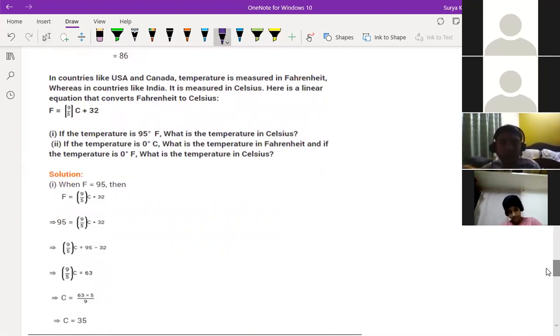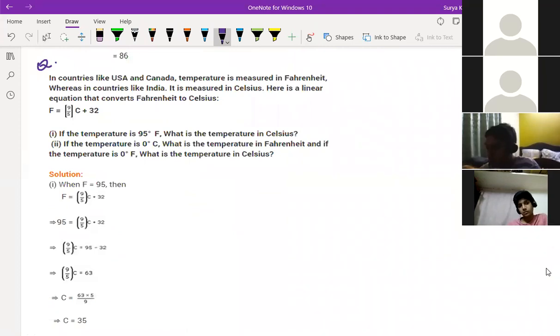Is this the same question? No, something different. Same graph only you should use, but you can draw the graph. You have not made the graph now in your notebook.